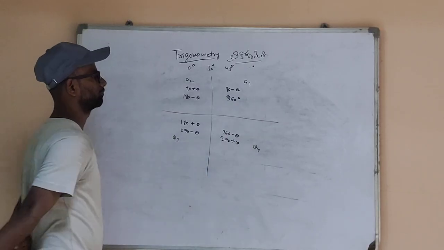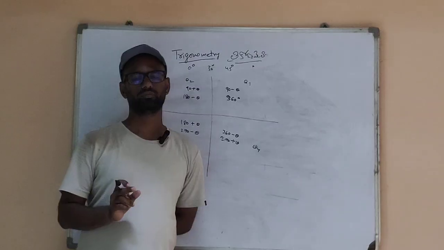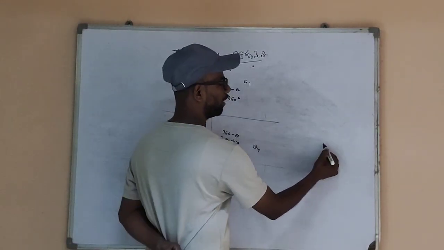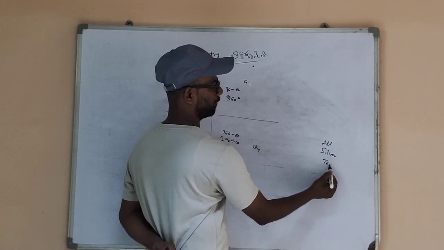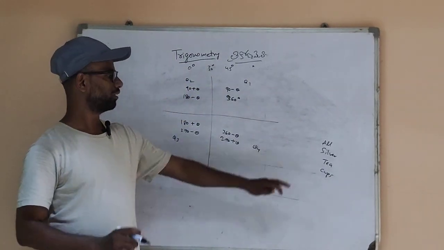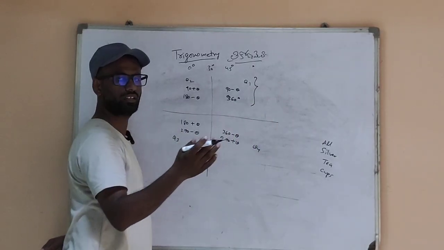Okay, here we have to remember one mnemonic code that is called All Silver Tea Cups. First one, All, means what? Here in the first quadrant, all ratios are positive.